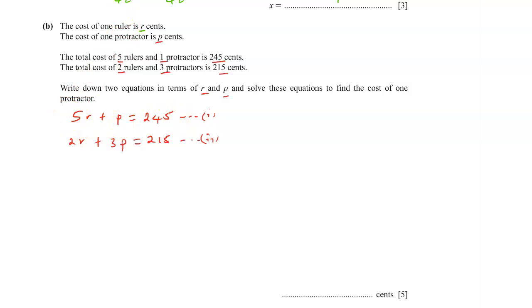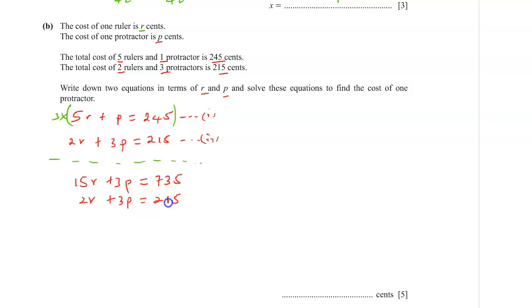So we'll multiply equation 1 by 3. Therefore what we get is 15R plus 3P is equal to 735. Bring this down here: 2R plus 3P is equal to 215.